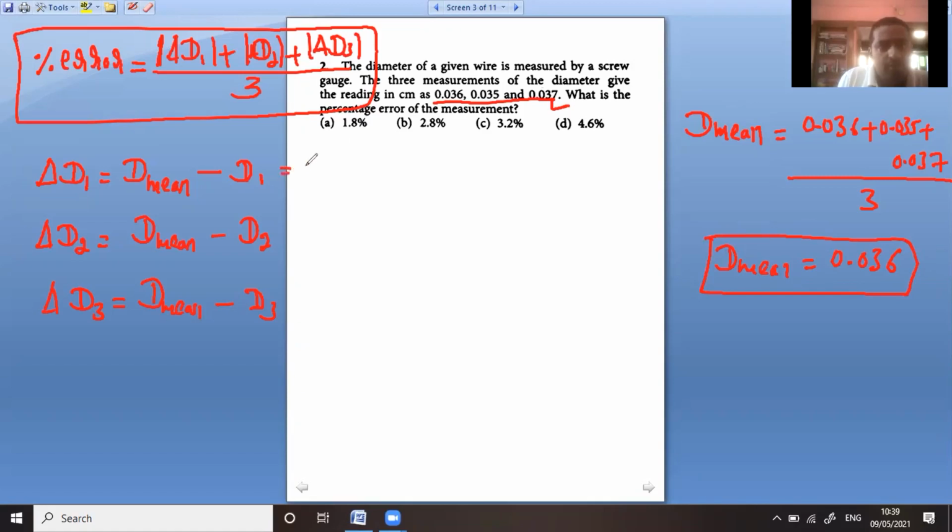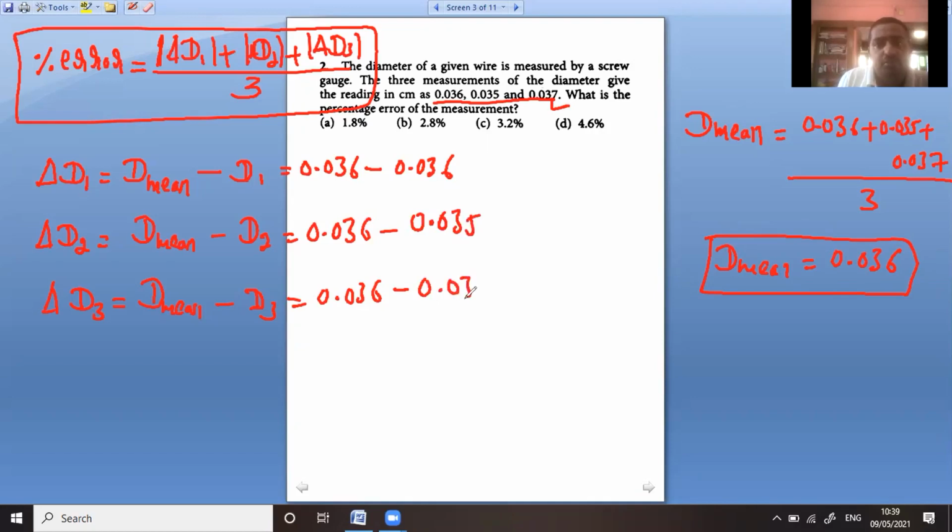Now put the values. 0.036 minus d1 is 0.036 minus 0.036, which is equal to 0.